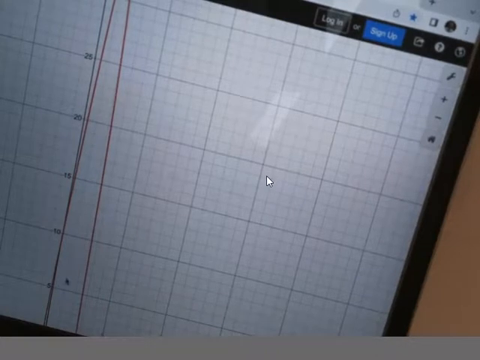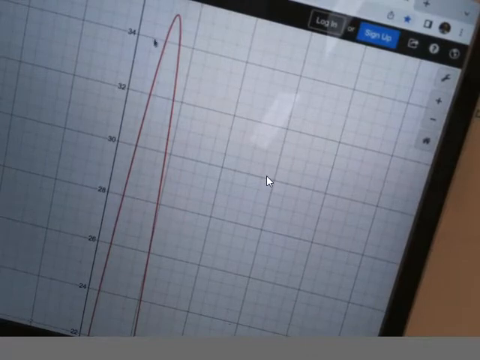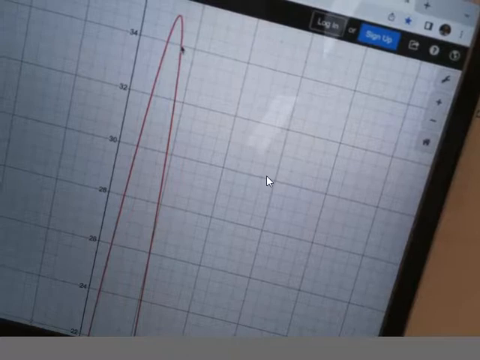At 1 second. So I'd have to go there, and then this is 1, so I'd follow it up to where it hits the graph. And it looks like it's 34. That's 1 second, half a second, 1 second, 1.5 seconds. It looks like it's back down to 34. Okay, that's why we can get 34 twice. It hit 34 on the way up and on the way down.